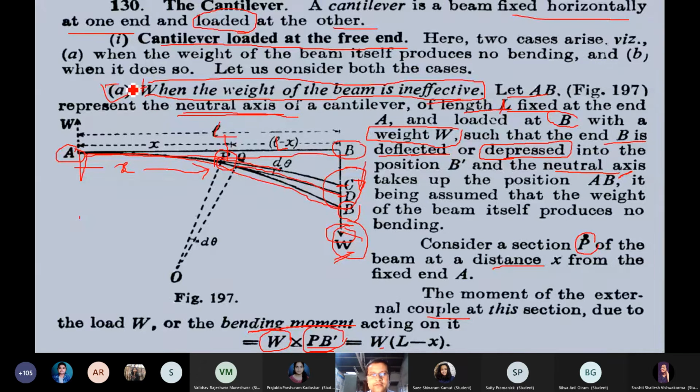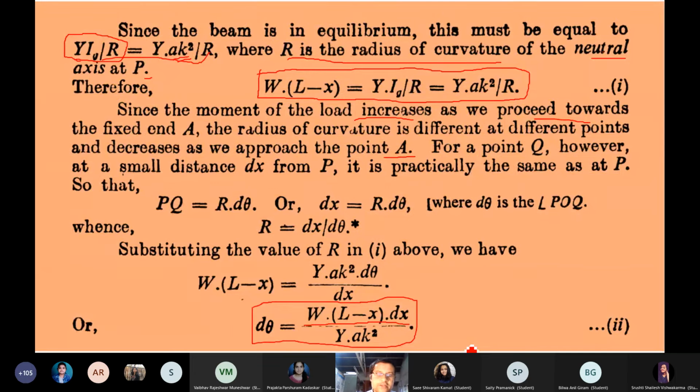If we are not considering its own weight, then we calculated its value of bending moment, and from that bending moment we calculated how much deflection is produced in this cantilever perpendicularly, that is along the y-axis.